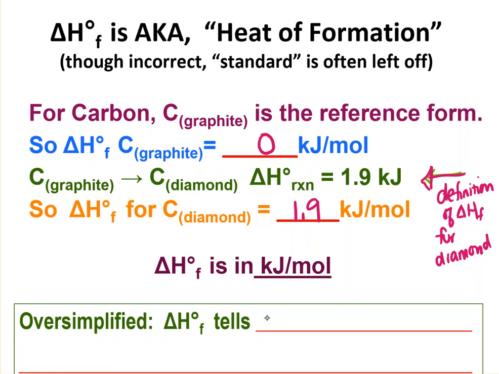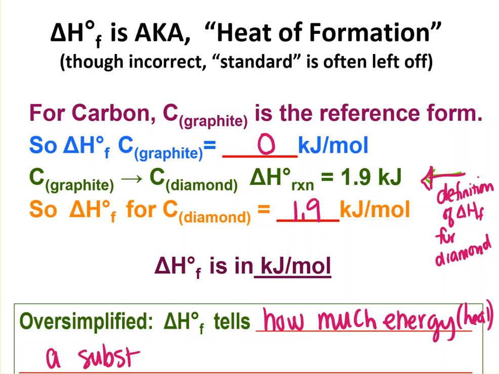It basically tells how much energy, internal heat, enthalpy, a substance contains. So this is a way that we can assign energy values to different substances, and then we can do math and figure out heats of reactions from those.